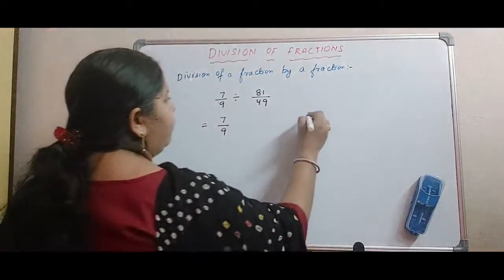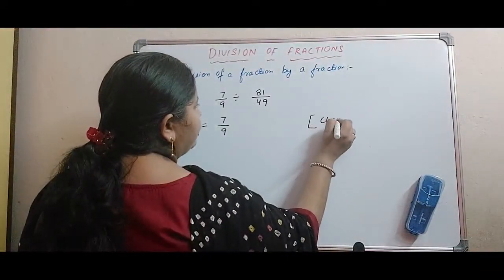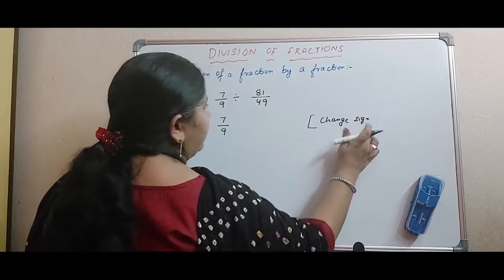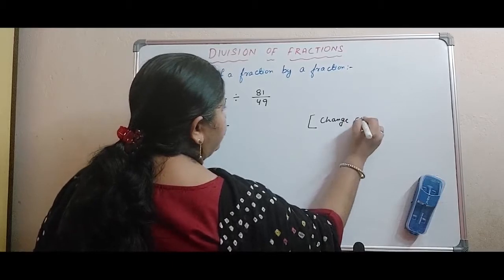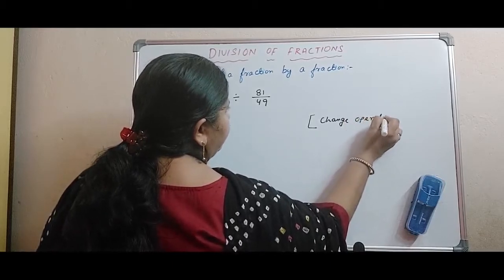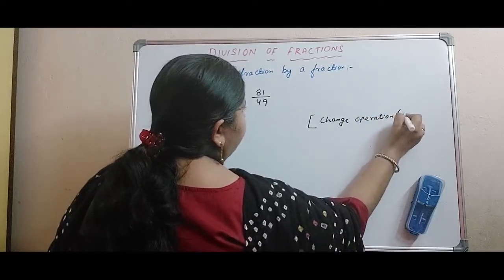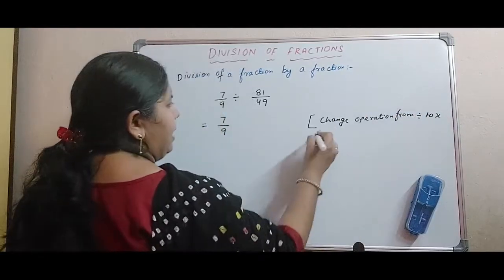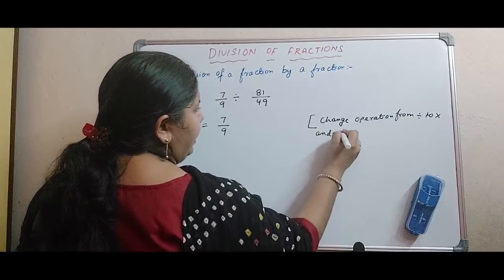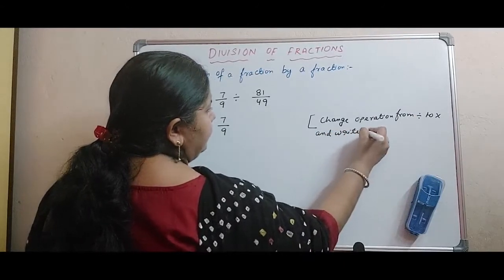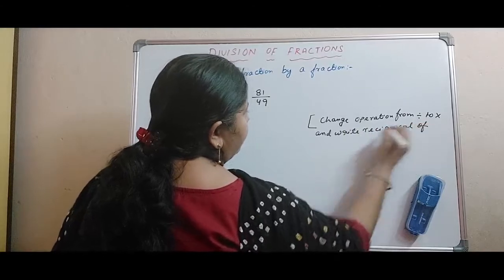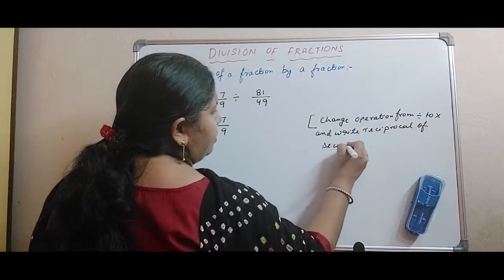So what we will do now? Change the operation from division to multiplication and write the reciprocal of the second fraction.